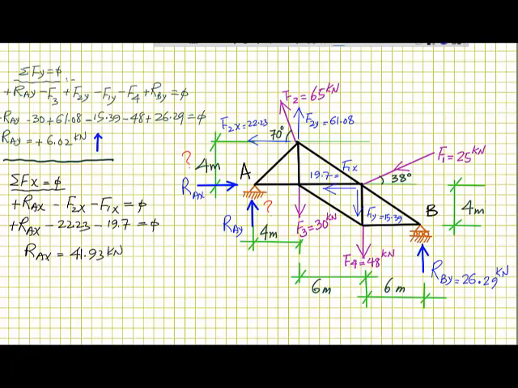That is the answer for the question. And because again the result is positive, it means the assumed direction for the force is correct, and it is towards east. That is the final answer for the question.